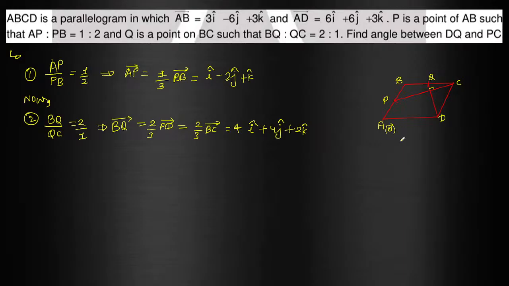Now what will happen is that for BQ we know AB, we know AD, we know BC.